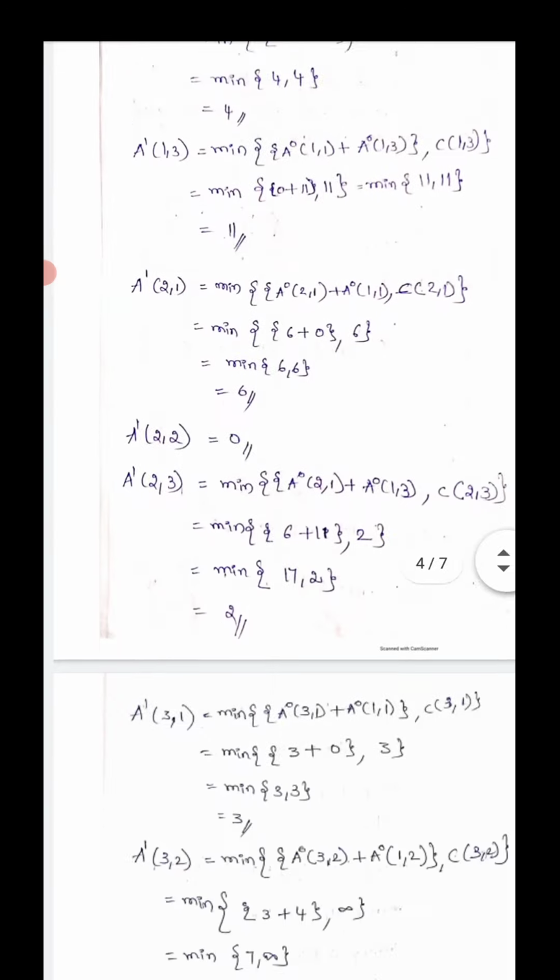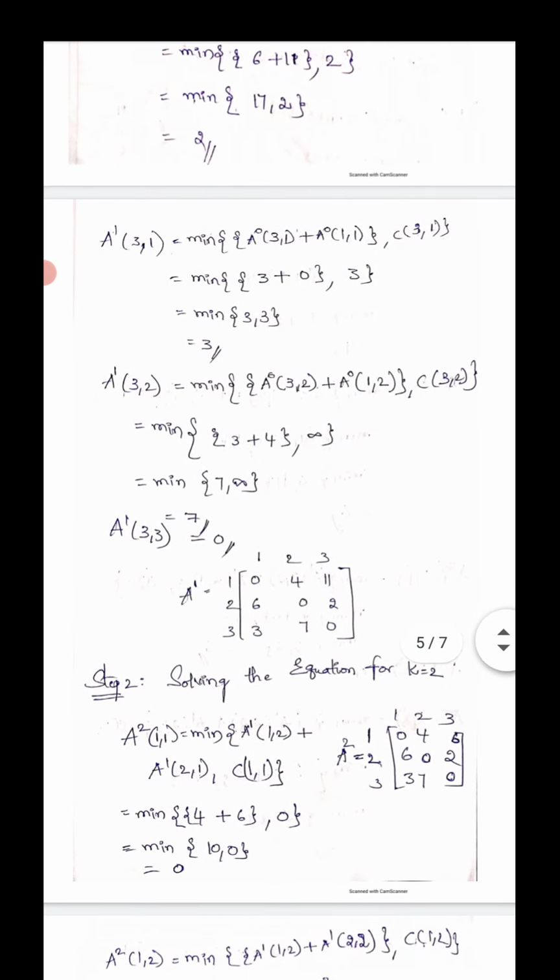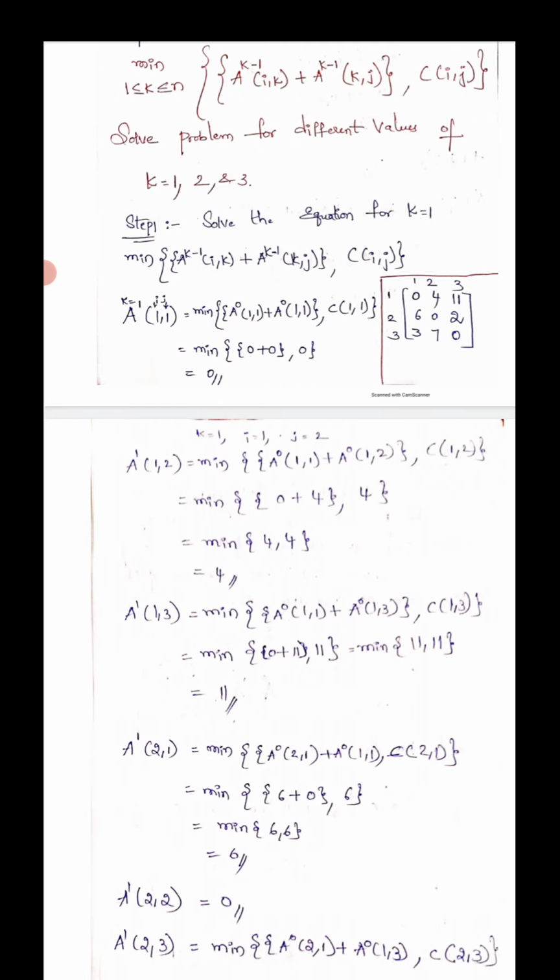Look at this, A power 1 in this manner: 1, 2, 3 and 1, 2, 3, first row, second row, third row, first column, second column, third column. If you need to solve the equation for k equal to 1 using the above general formula, listen carefully. Now I write A power 1 of (1, 1).